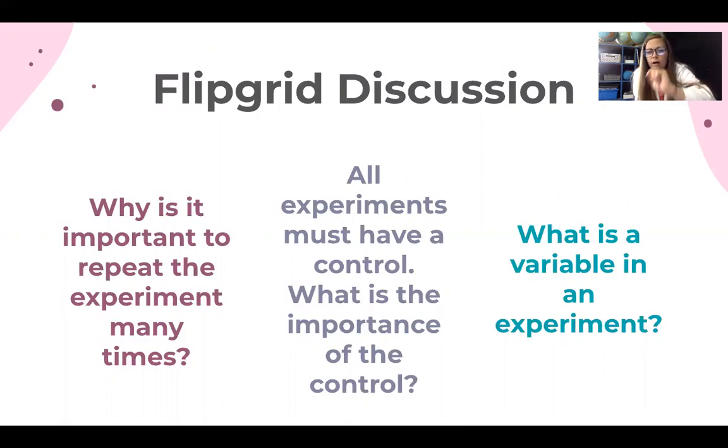So that would be a good example for why it is important to repeat the experiment many times. All right, just so we've got some good evidence to be able to prove or disprove our hypothesis. Because we always have to leave room for some human error in there.